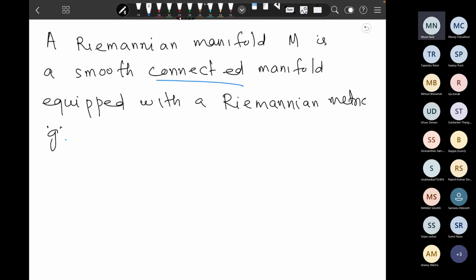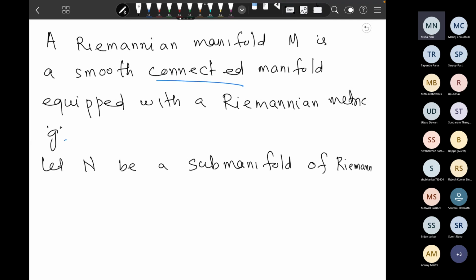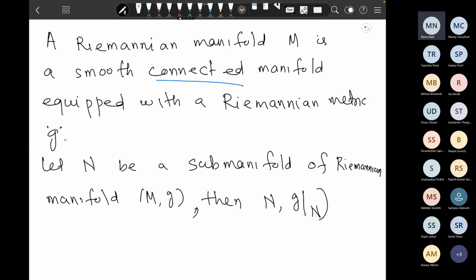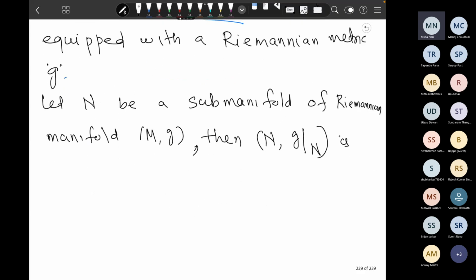So let N be a submanifold of the Riemannian manifold (M, g). Then if you restrict g to N, this is a Riemannian manifold.